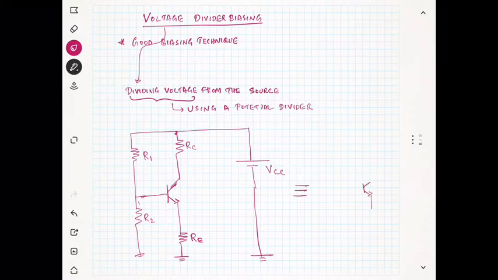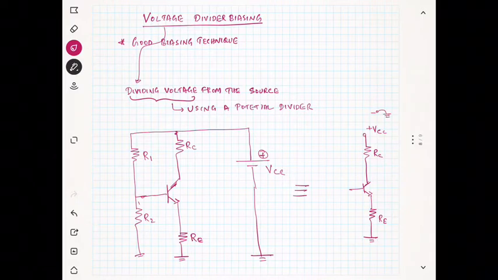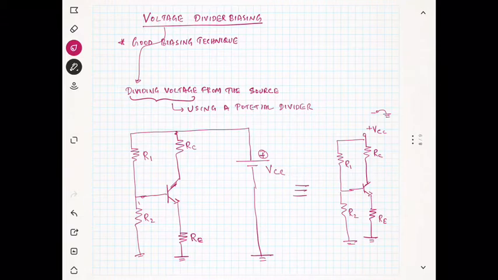You have the transistor, you have a resistance RE, and you have the RC also, and this VCC is positive here. The negative is going to ground, and you have R1 and you have R2. I hope that this is clear, right? So this kind of arrangement is known as the voltage divider biasing technique.